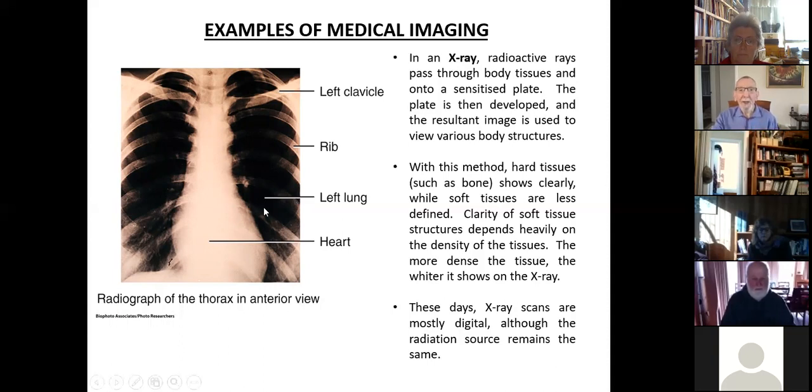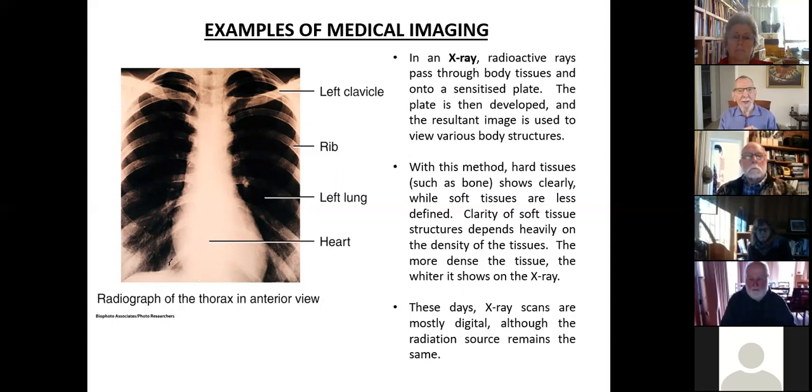Lungs, on the other hand, which are full of little bubbles full of air, show up black simply because the X-rays pass right through them. So as far as detail is concerned, ordinary X-rays are fairly limited. But they are still useful, I guess, as a primary look to see if anything abnormal is happening.